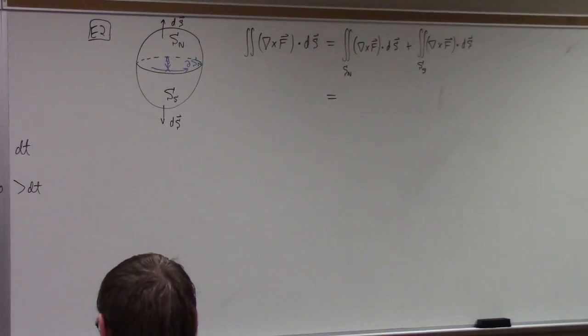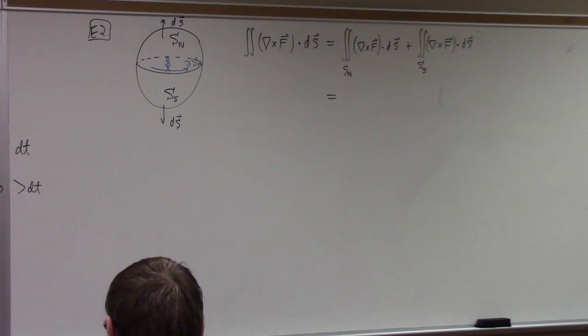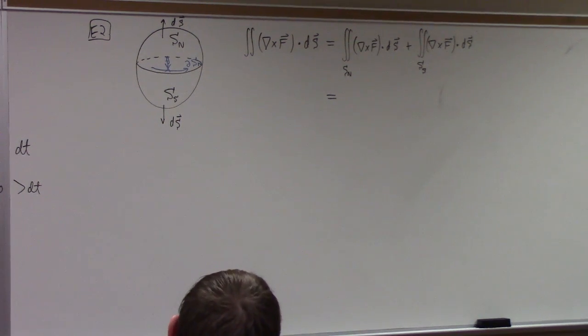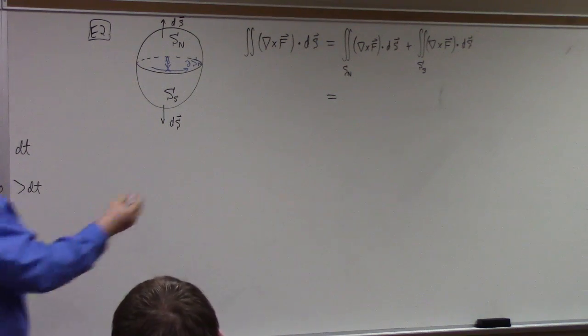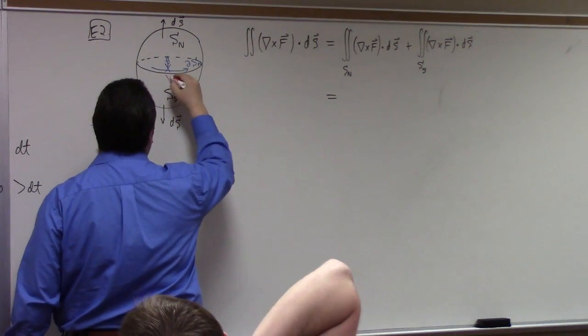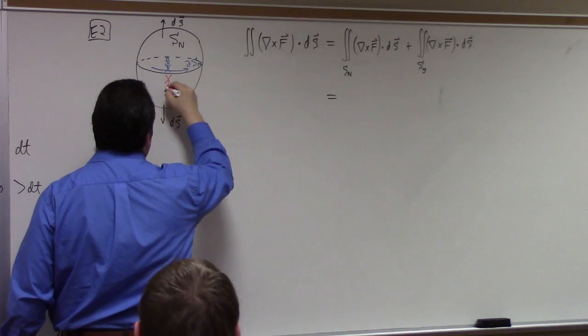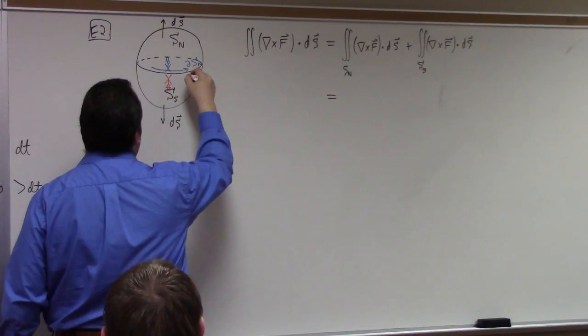But for the southern boundary, up is down and down is up, right? So down here, we say the Australian boundary.